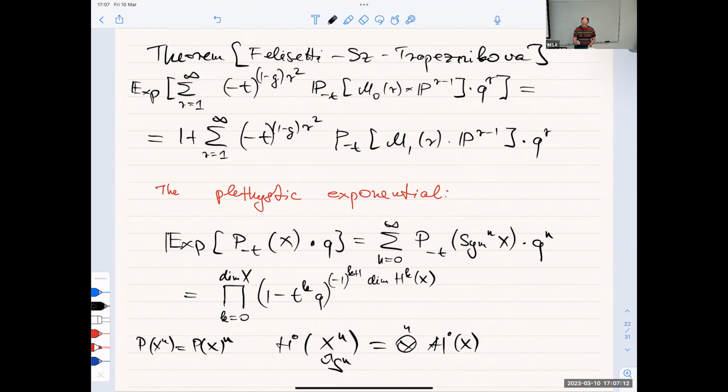We make a shift. The shift is very, very important; in particular, the sign is important. We make a shift by (1 minus g) to the power R squared, which is roughly half the dimension, and then we construct a generating series where Q just records the rank.